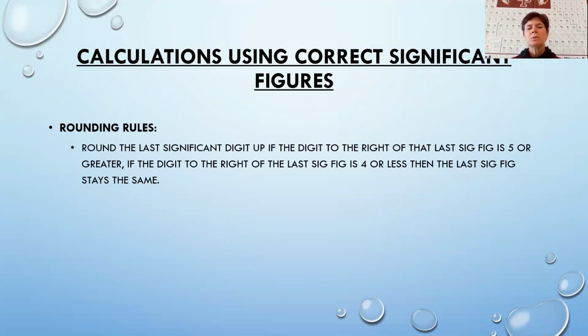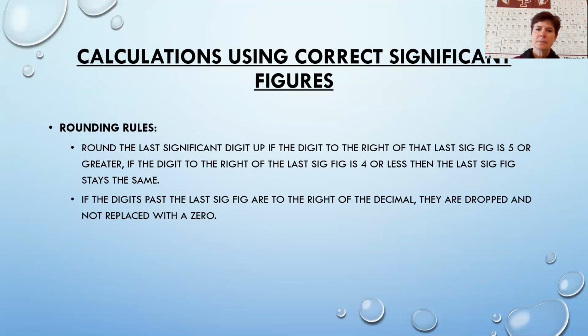You've done rounding before, and you need to make sure that you understand the rules that we use for rounding. They're probably similar, but there may be some specifics that you haven't looked at before. What we're going to do when we need to round to the last significant digit after our calculation is we're going to round the last significant digit up if the digit to the right of that last sig fig is a 5 or greater. If the digit to the right of the last sig fig is 4 or less, then the last sig fig stays the same.